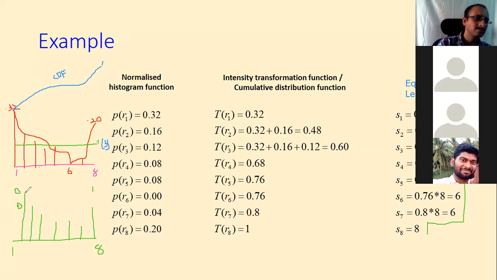This plot not understood, sir. That means how to plot these things, sir? The probability density function starting with 3. You are asking how to get this? Yes, sir. How to plot the equalized histograms.